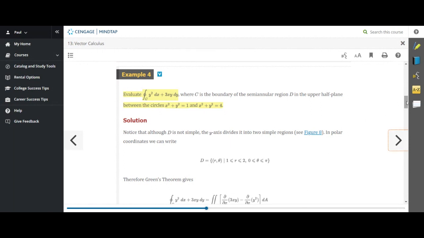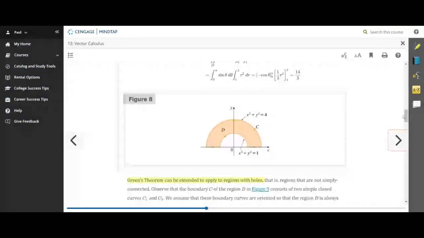Well, that region in figure 8, you can use Green's theorem on that region, because it can be thought of as the union of simple regions.